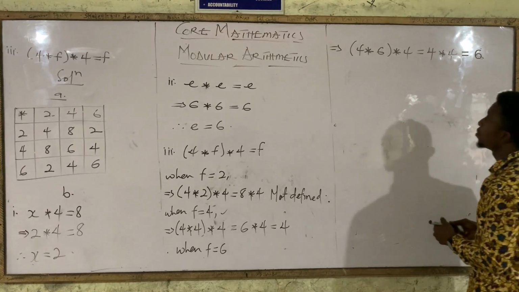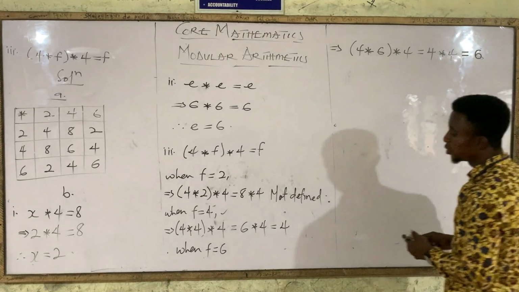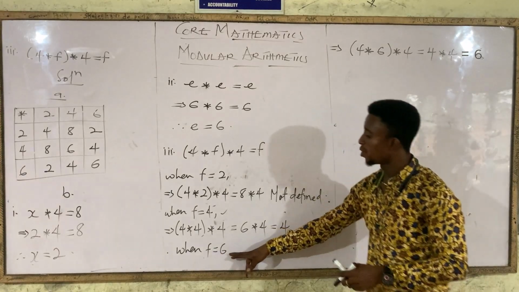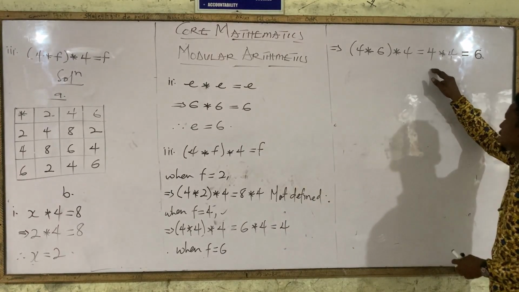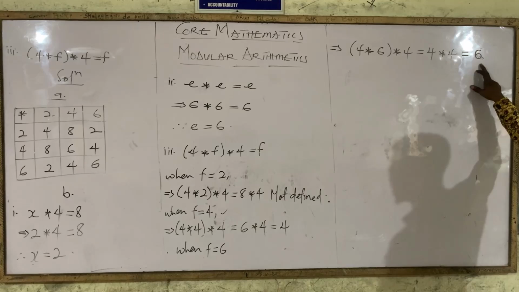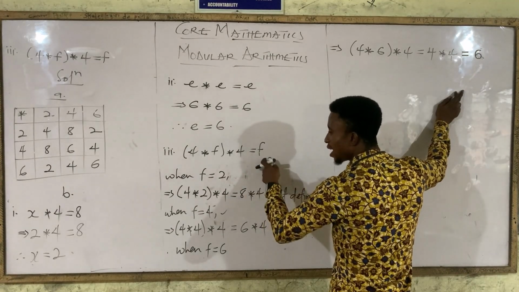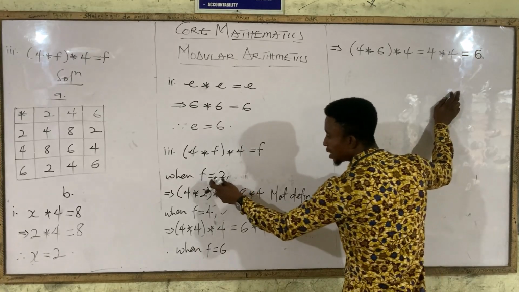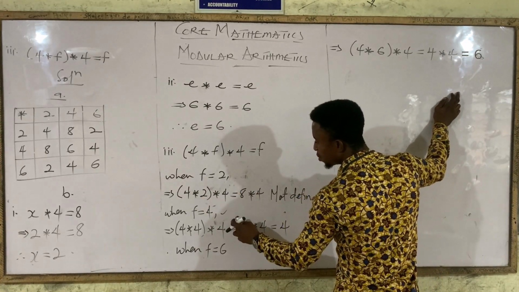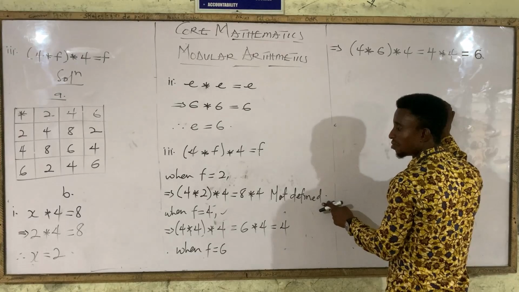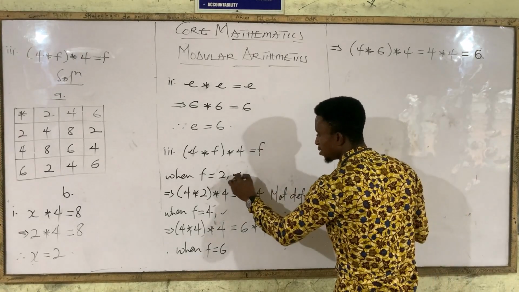So let's now proceed. So we can see through that when f is also equal to 6, after operating it gave us what? 6. Are we getting that? When we put f here, the final answer should get us f. So we put f to be 2, and the final answer got us undefined.